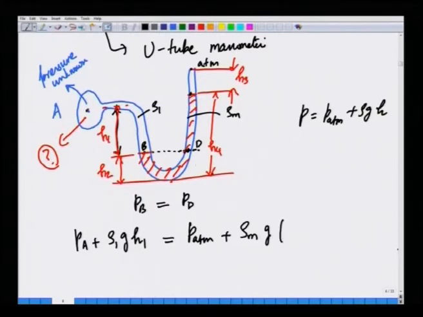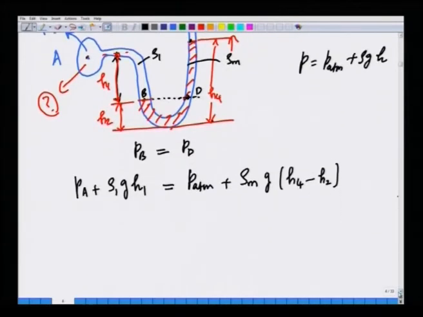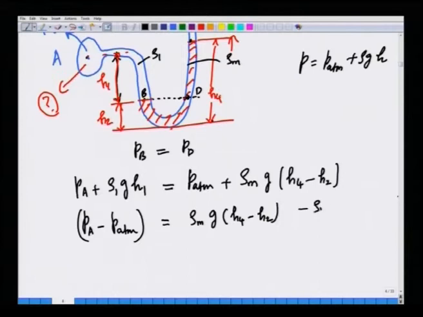So, the height of this column is h 4 minus h 2. Okay. So, we can write P A minus P atmosphere, the difference between the pressure at the point A and atmospheric pressure, is nothing but rho m g (h 4 minus h 2) minus rho 1 g h 1. Okay.